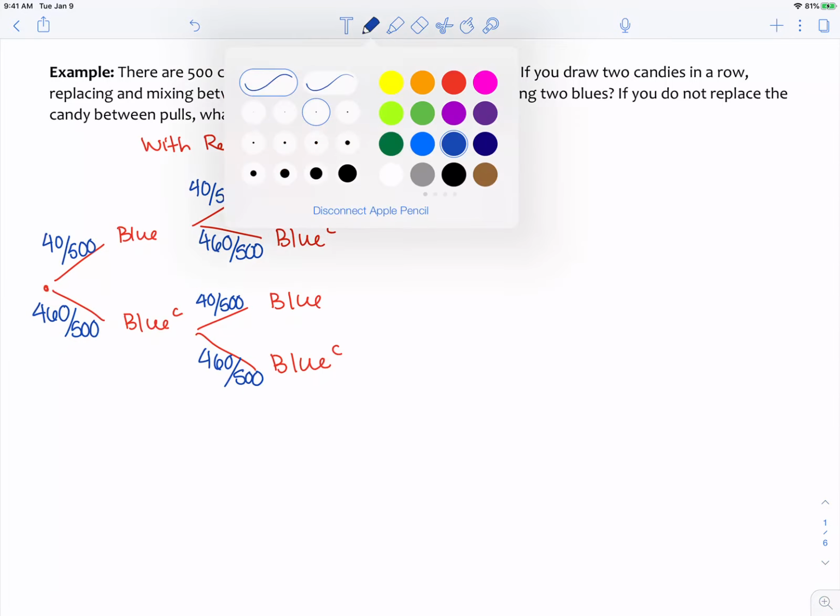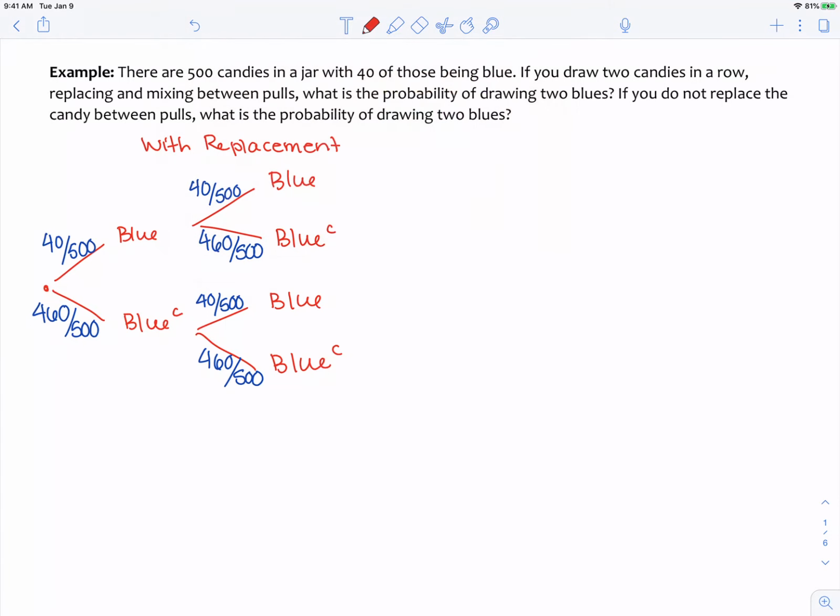Okay, now if we go to the without replacement option, this means that when we select our first candy, we're going to keep it. We may eat it, right? It's going to go away somehow from our collection of remaining candies. And so that means our probability will change when we look at the second selection.